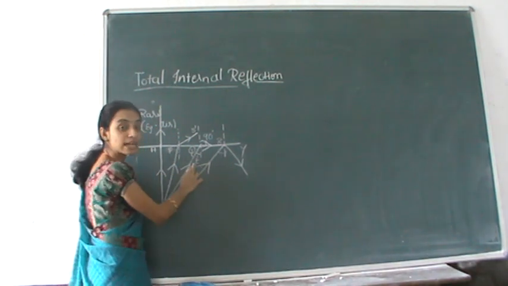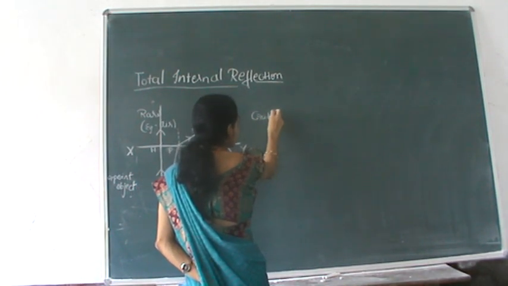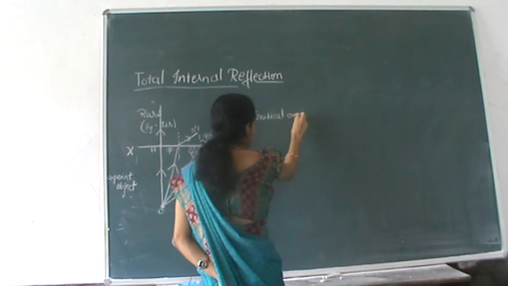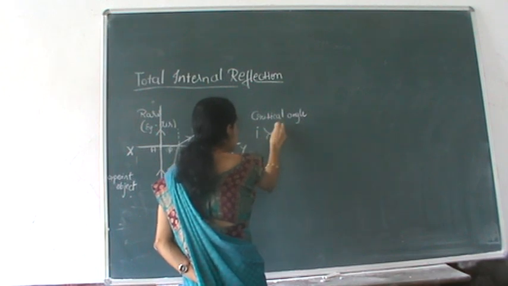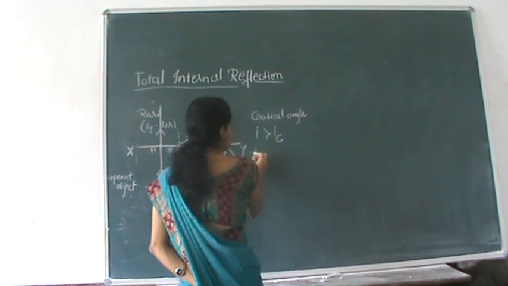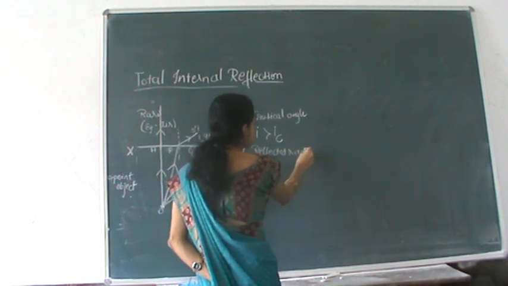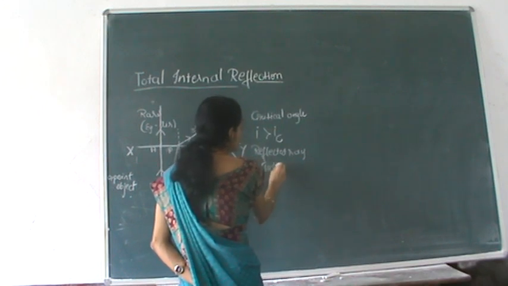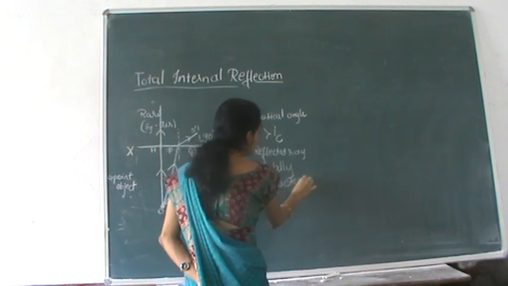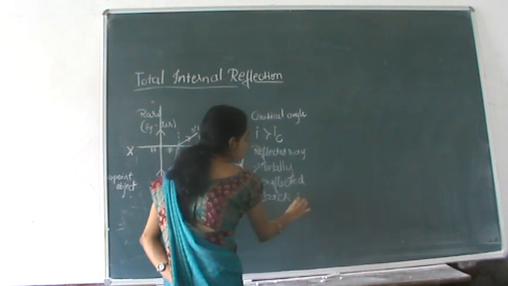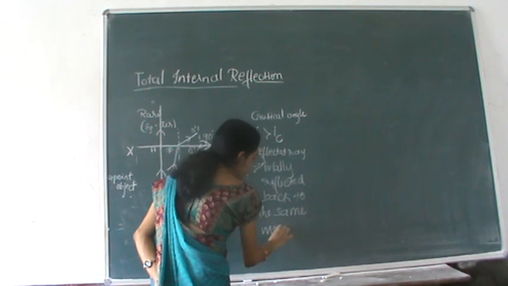This IC is nothing but the critical angle. Once our incident angle is greater than the critical angle, the ray is totally reflected back to the same medium.